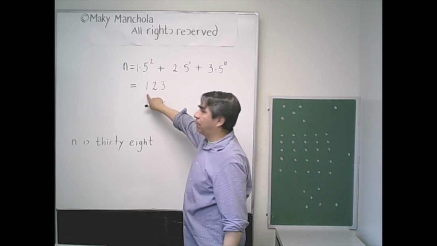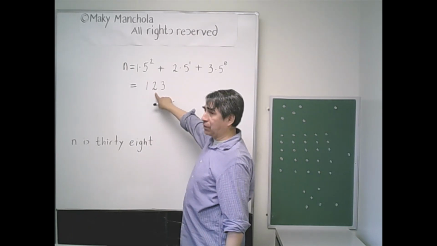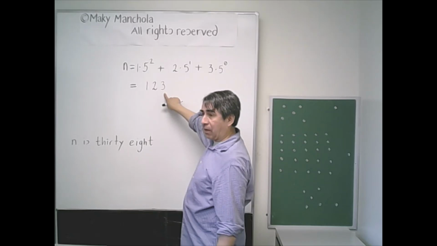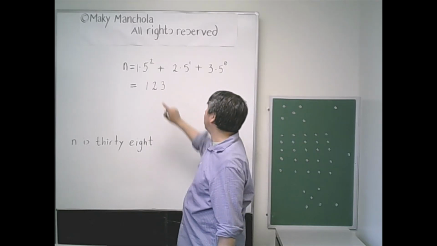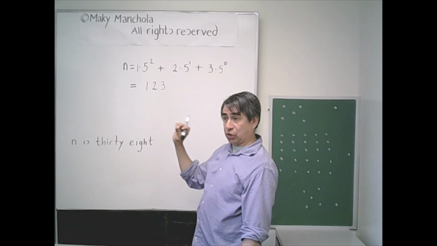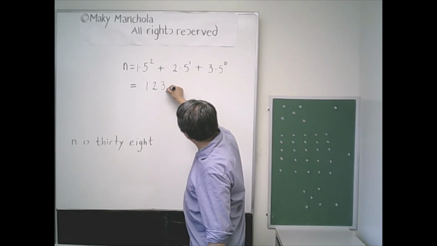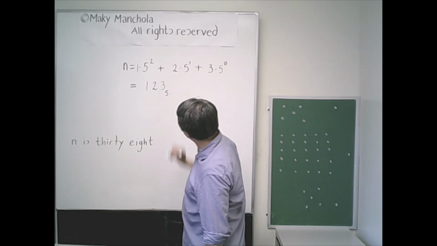Now to indicate that the base involved is 5, I'm going to subscript this concatenation with the number 5.